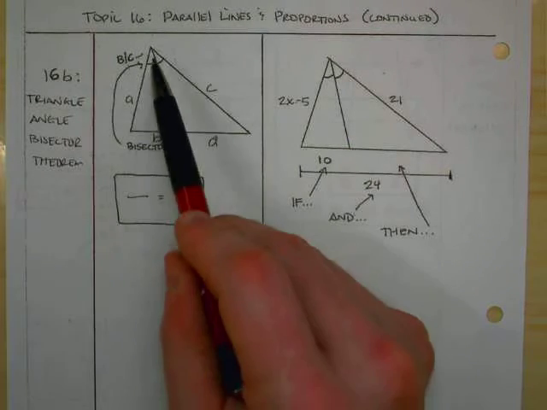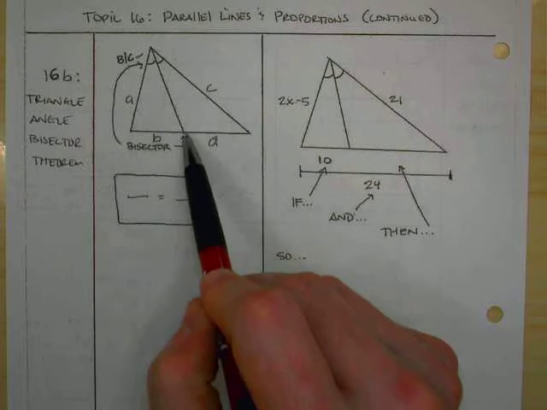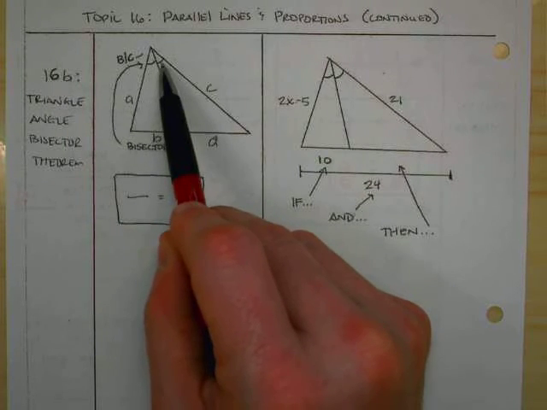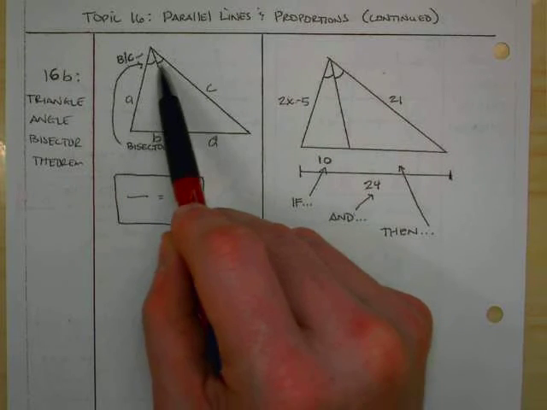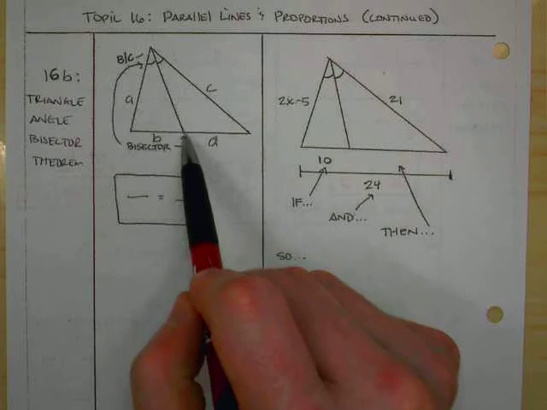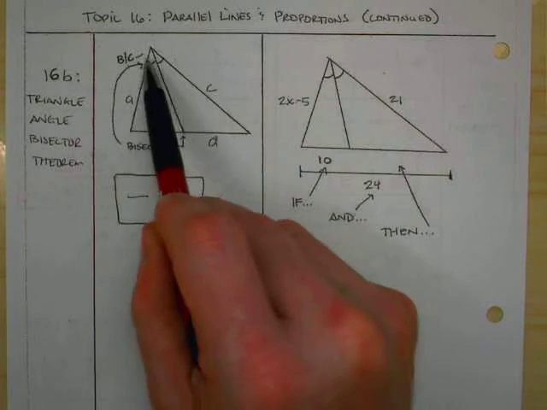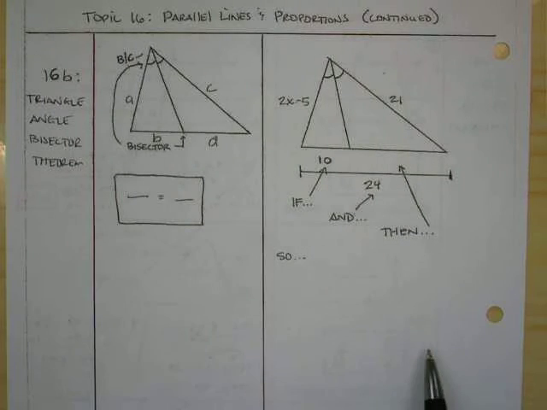Okay? Now, this line right here, I can tell is a bisector based on the fact that we've got two little arches up here. That's telling me that these two angles are congruent, which means that this line here is a bisector. It's bisecting this angle right here, this one big angle, okay?